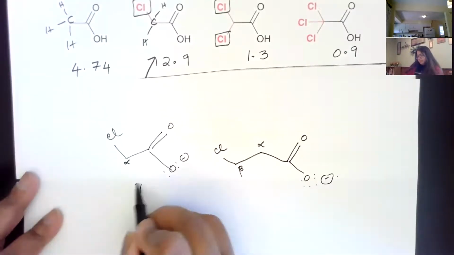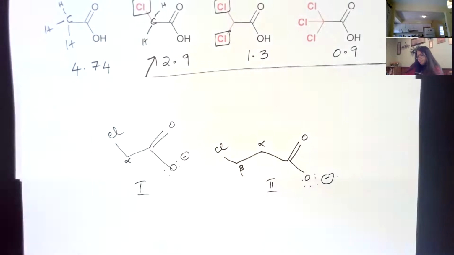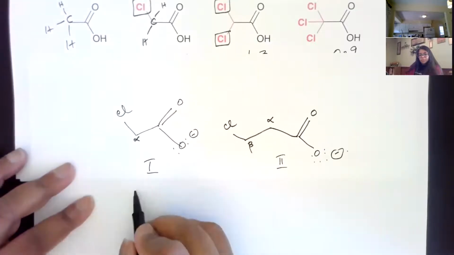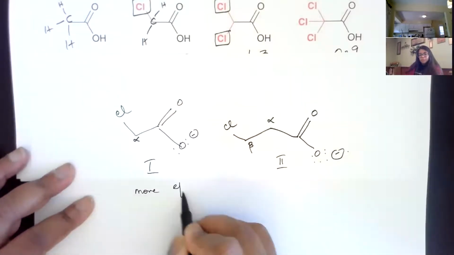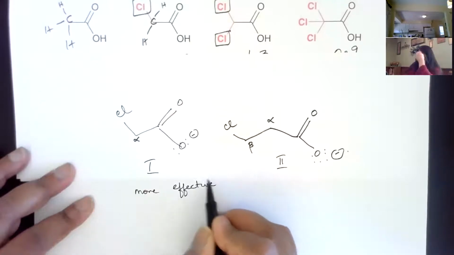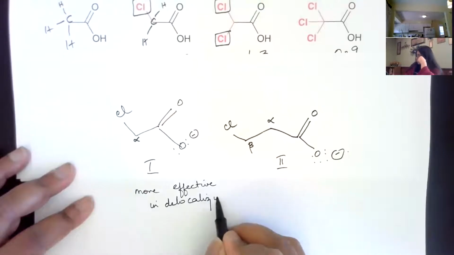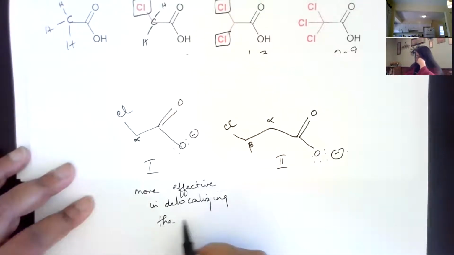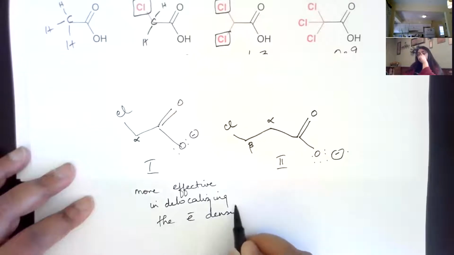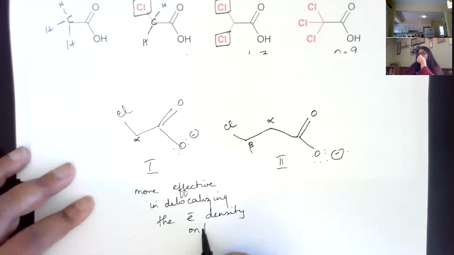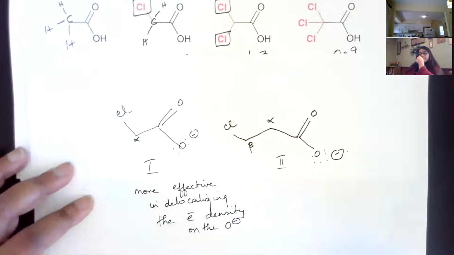Which will effectively delocalize the electron density? Left side. This will be more effective in delocalizing the electron density on the oxygen, on the O minus.